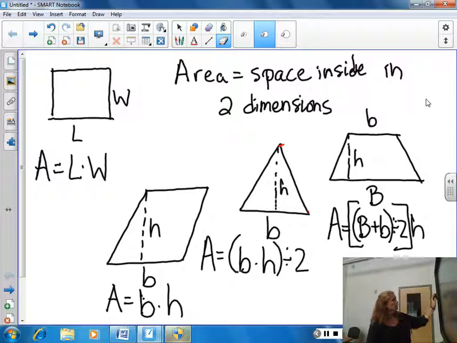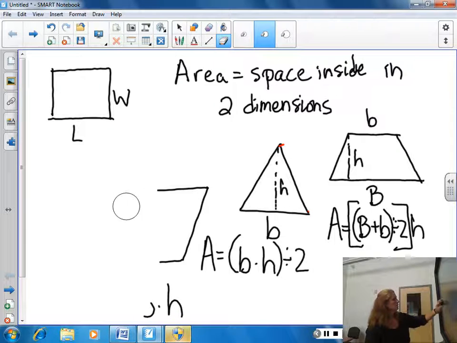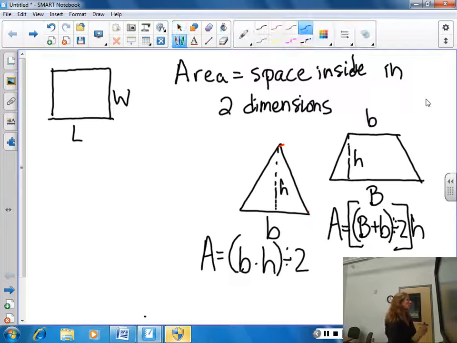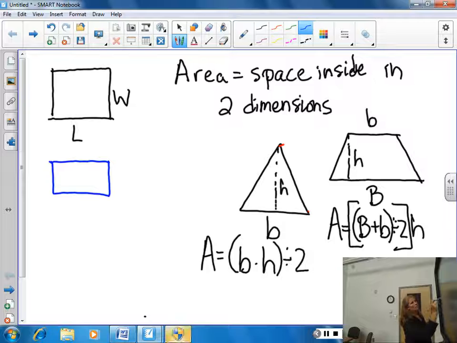Okay, so let's start with the easiest one, rectangle. Let's say that I gave you a rectangle that was 3 inches by 6 inches. And ask you, find the perimeter and find the area.